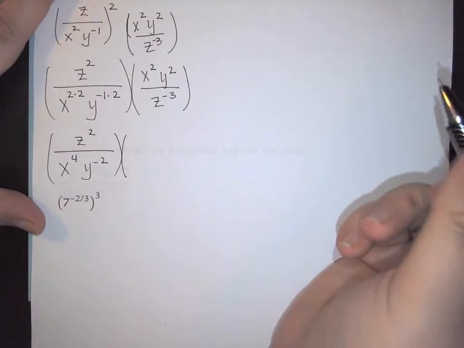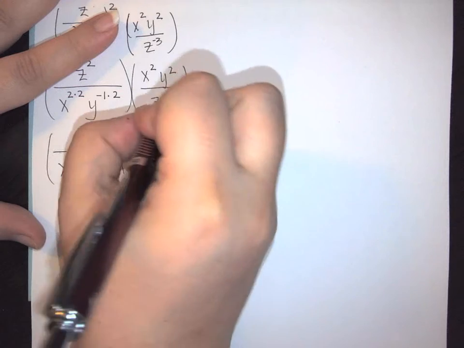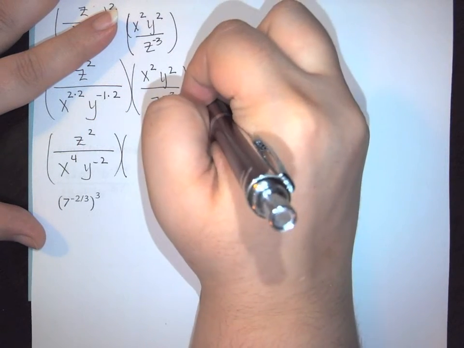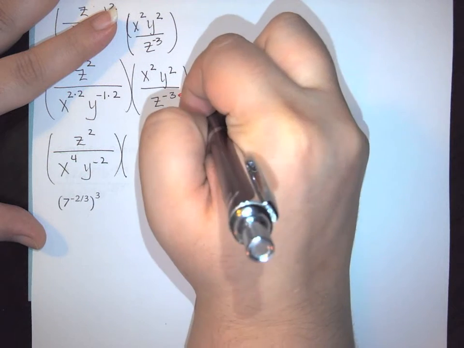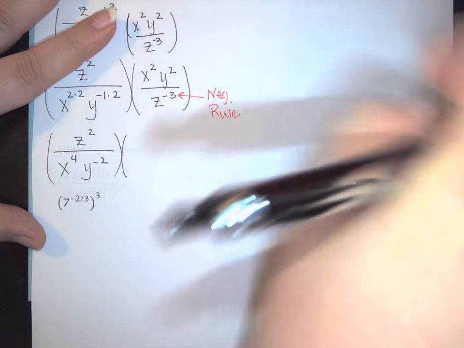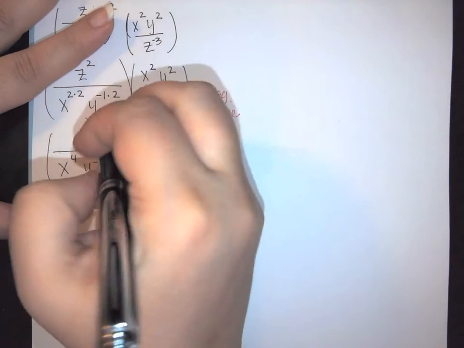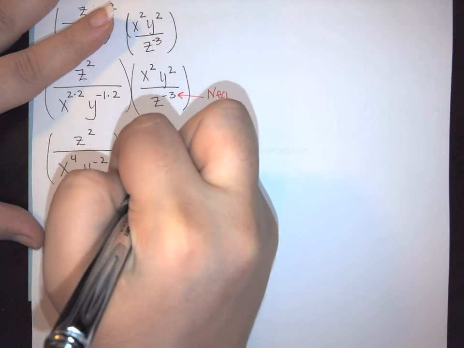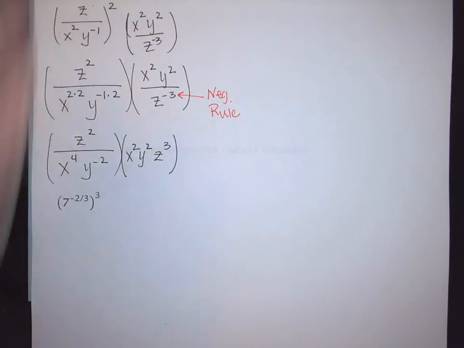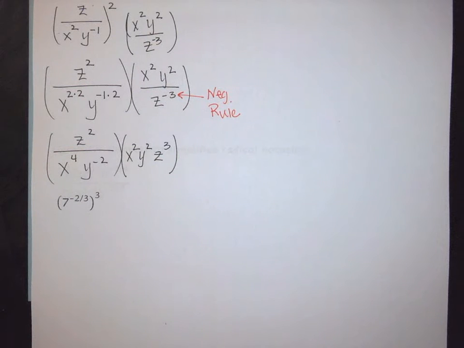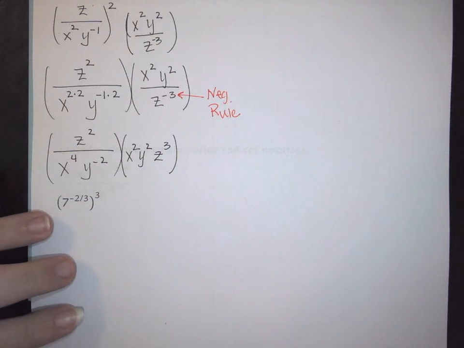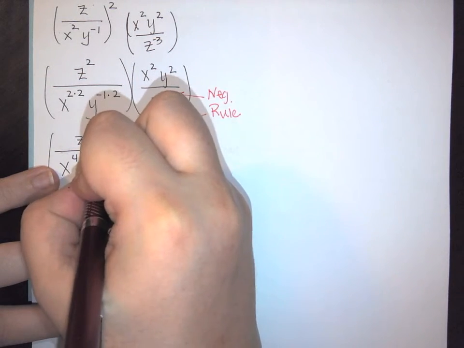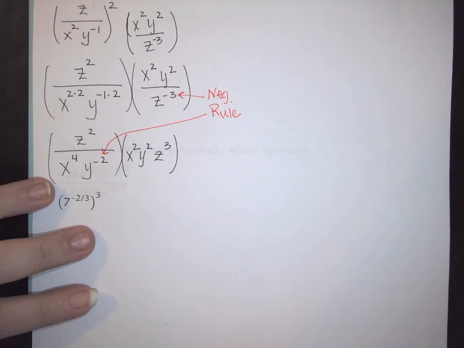and again we're going to multiply it. Here what we can do to speed things along is right here we have that negative rule, which says we need to move it. So this becomes x squared y squared z cubed. Okay. Now we've got this -2 right here, which is also my negative rule.